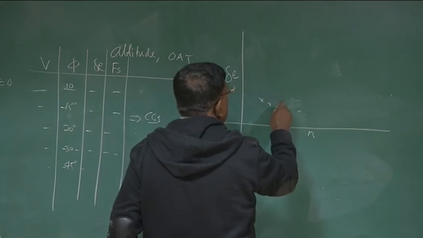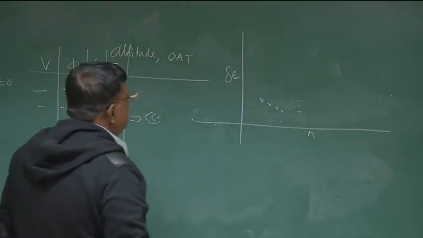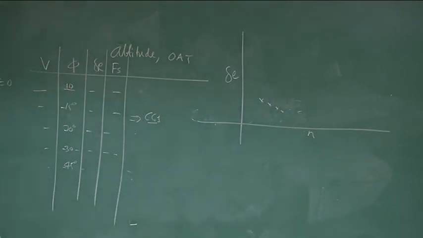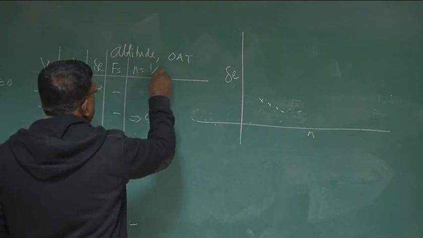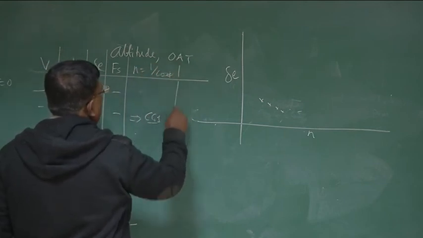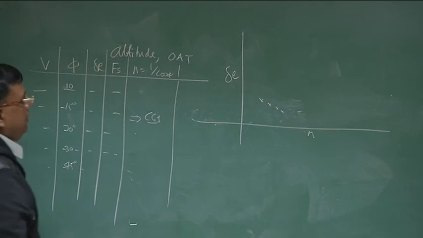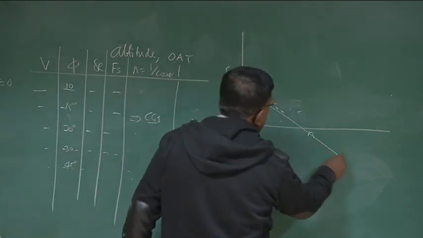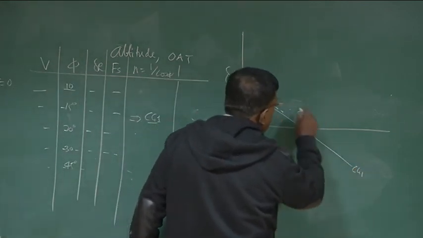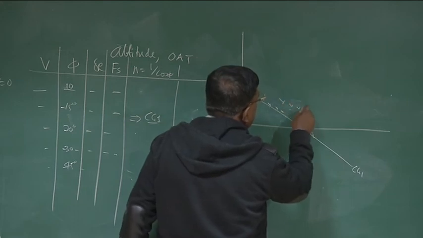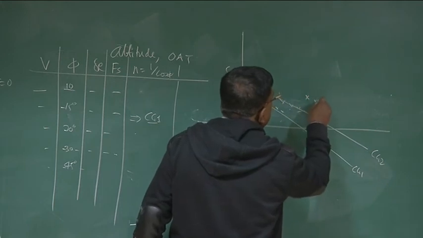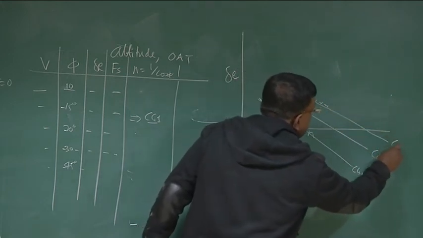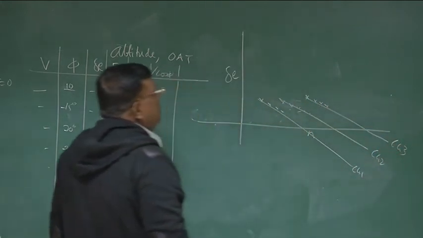I will see that for different n, whatever I am computing using 1 by cos phi, right? So I generate this straight line. This is for CG1, another set for CG2, another set for CG3 up to CG5. That is what I am doing.